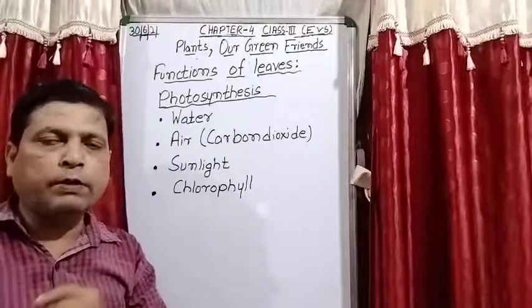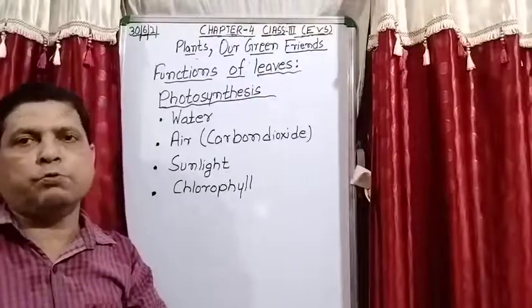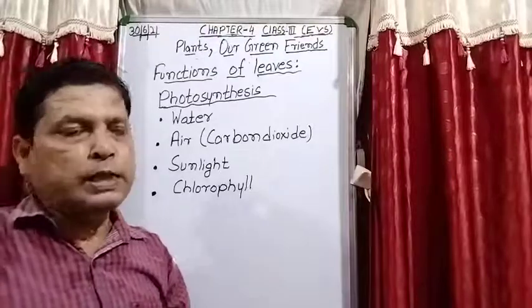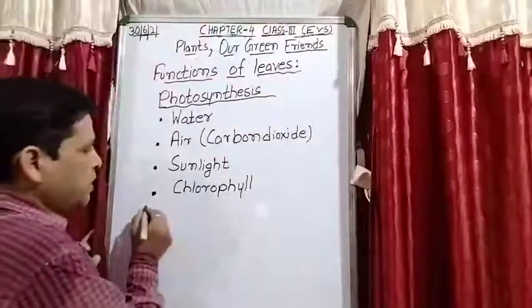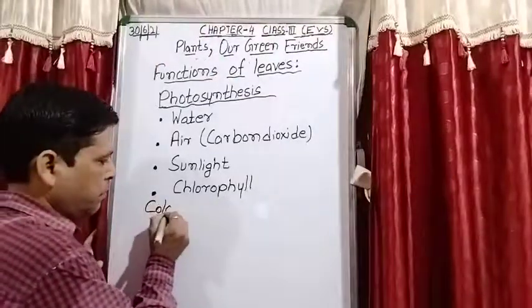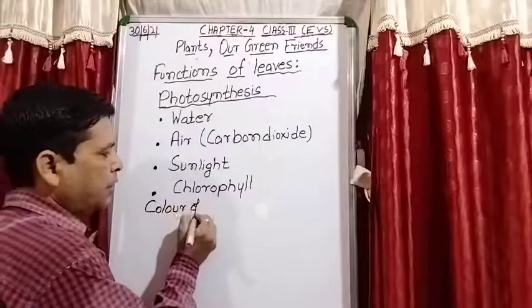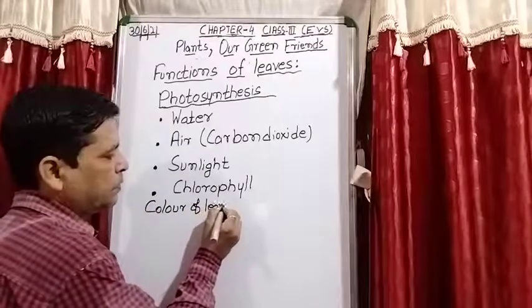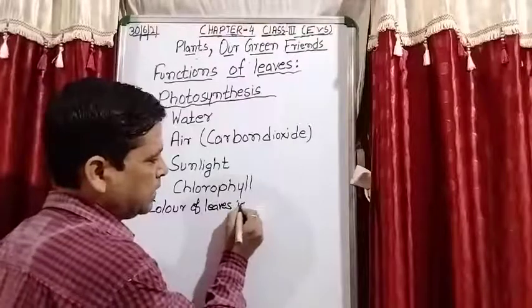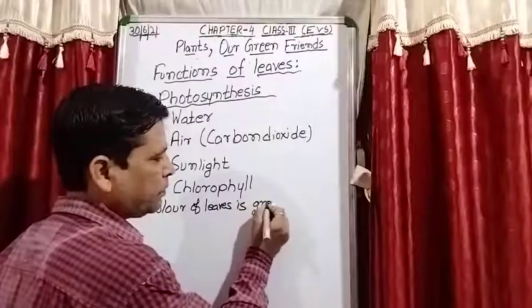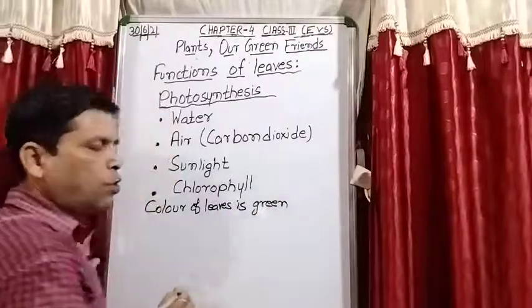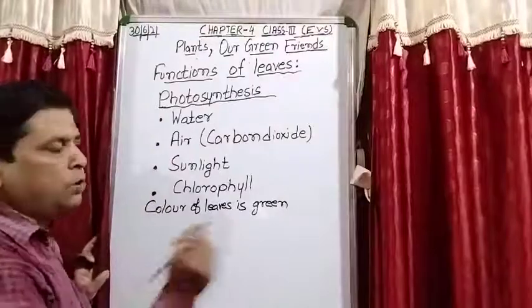Now one thing which I want to discuss with you, students: you see that the color of the leaves is green. So why is the color of the leaf green?